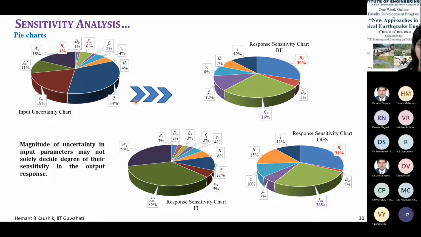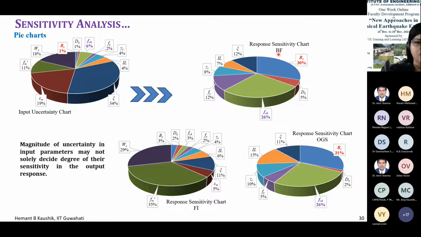Now let us see what is the uncertainty in the output considering these variations in the input. So this is the response sensitivity chart. Now remember, there's only 1% variation in the width of column as input, but because of that 1% variation you get 30% variation in the output of the bare frame, right?